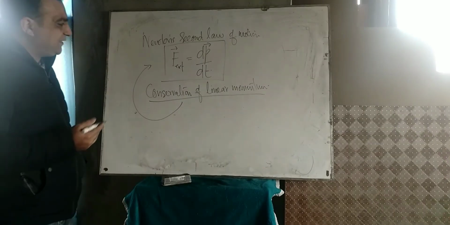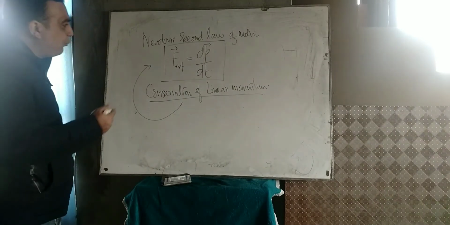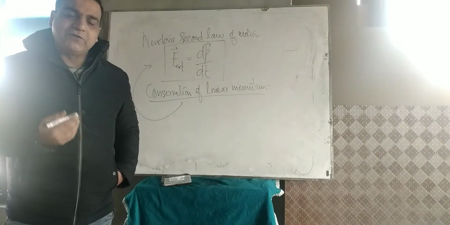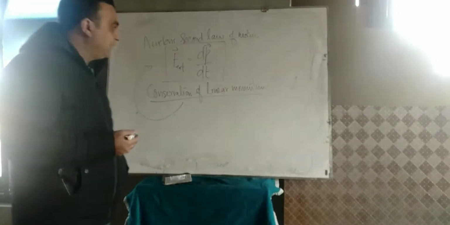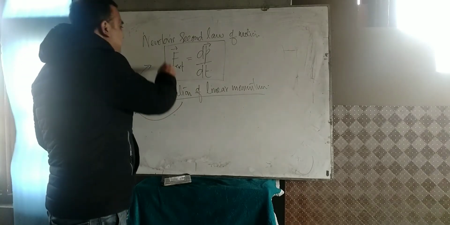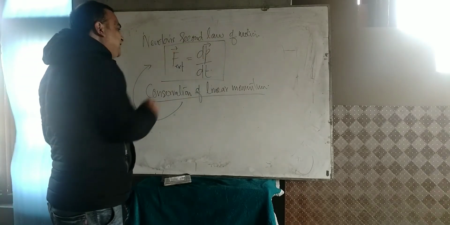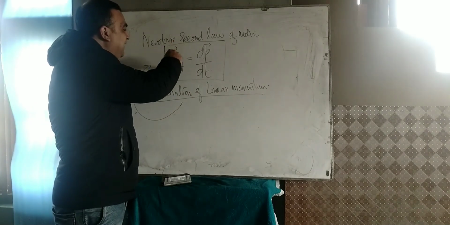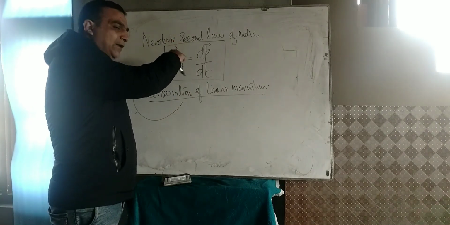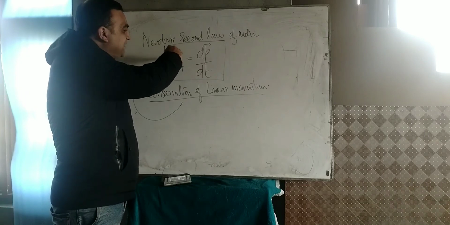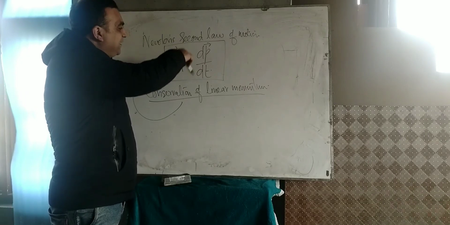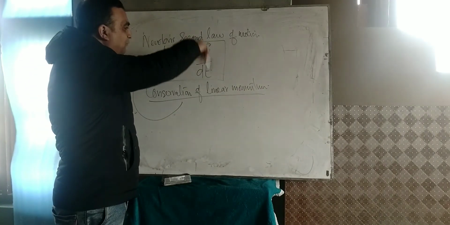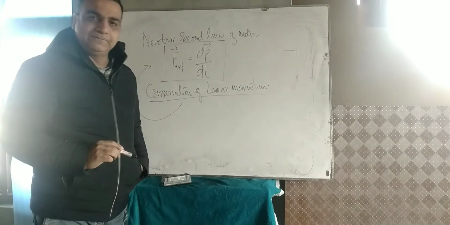Now first, let us try to reach the mathematical formulation of conservation of linear momentum. This is Newton's second law of motion, which states that the net external force acting on a body is simply the time derivative of linear momentum, the rate of change of linear momentum.